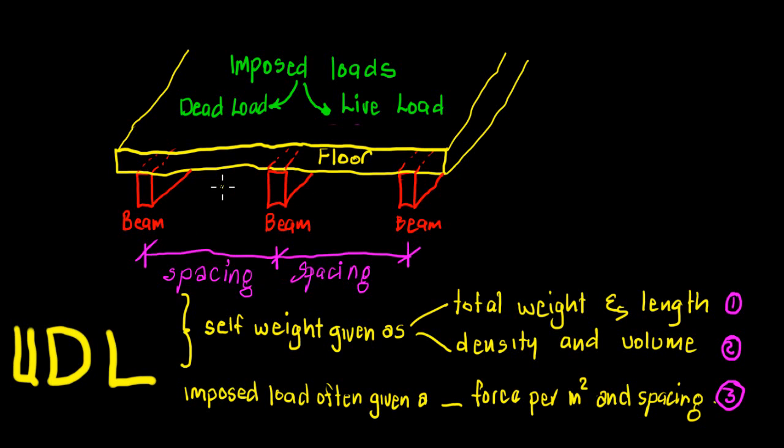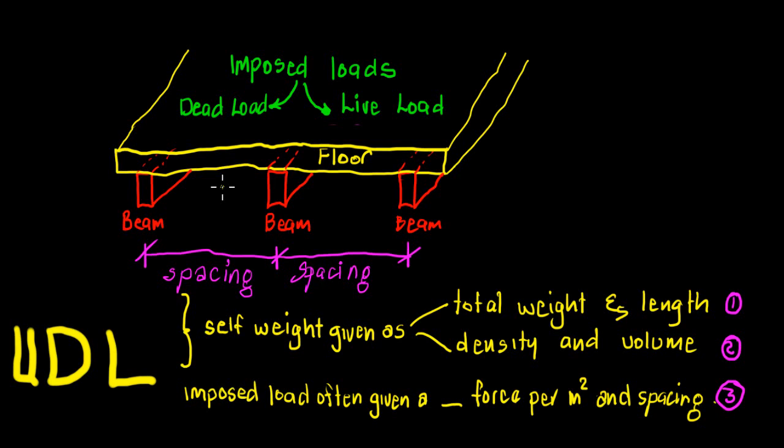Now the focus of this video is going to be the UDL, and we're going to be able to determine the self-weight of the beam, given, in the first instance, the total weight and length. So the total weight of the beam and the length.